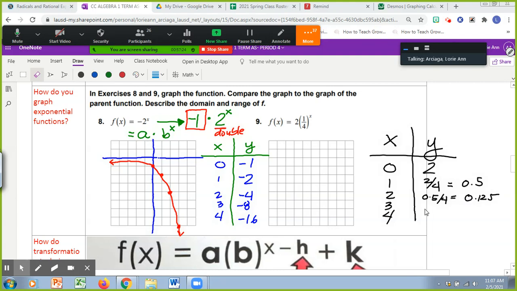And then you have to divide that again by 4. What would that be? 0.03125. And then you divide that by 4 again. What's the answer? Oh, okay, 0.0078.